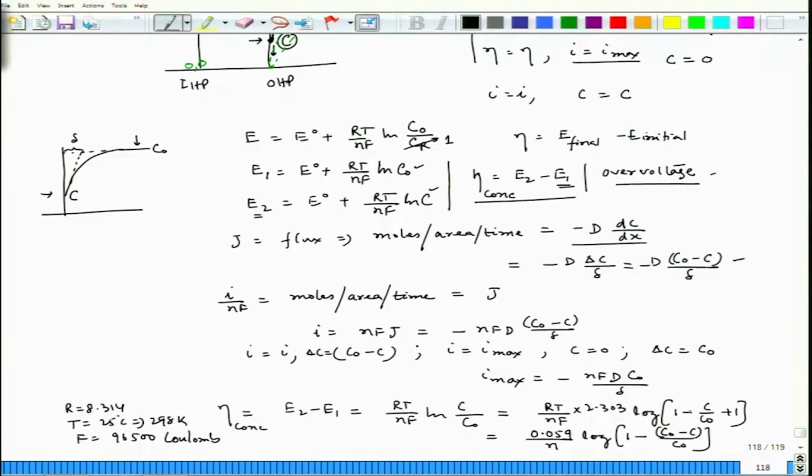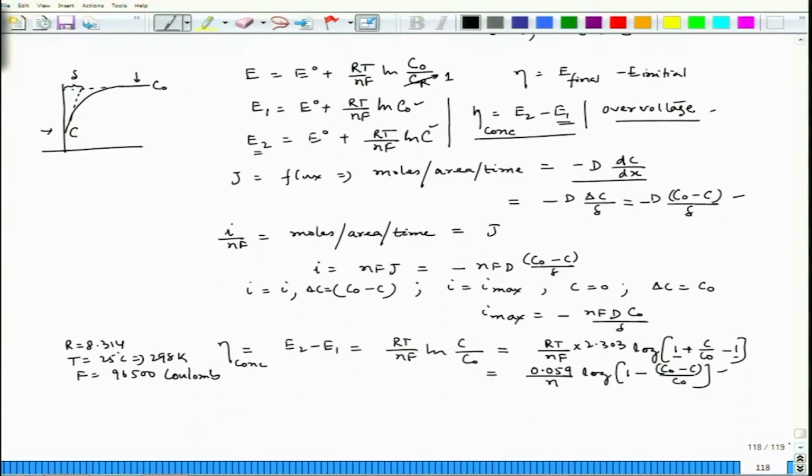Here, sorry, this should be minus. I have just made some modification here. I am just adding 1 and then also subtracting 1 from that. So, that is what I am getting in this equation, and then this I can write as 0.059 by n log 1 minus, I will put this expression.